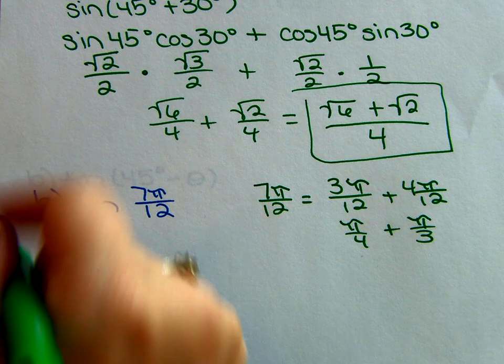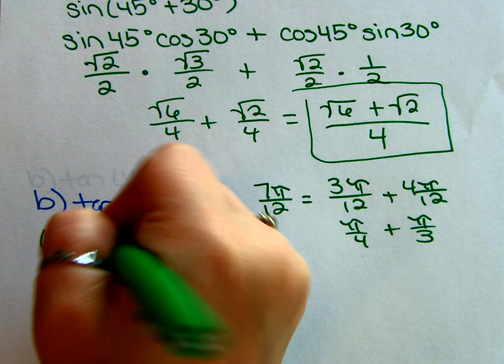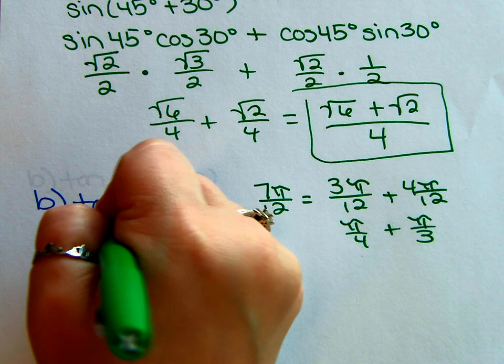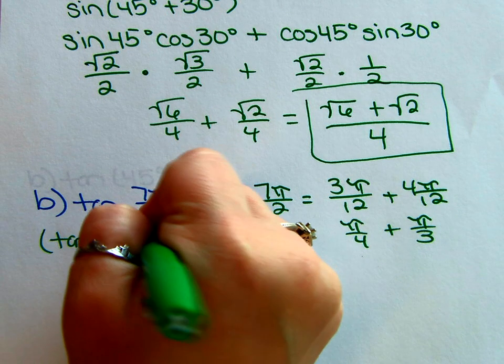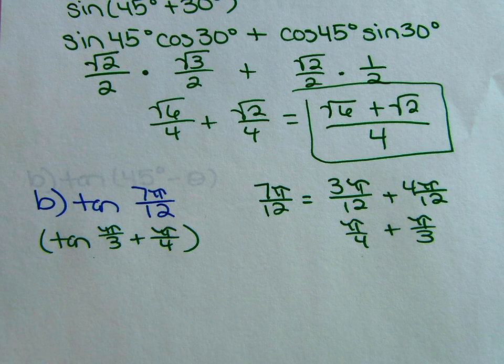So tangent of pi over 3 plus pi over 4. So we have a sum, a tangent of sums.